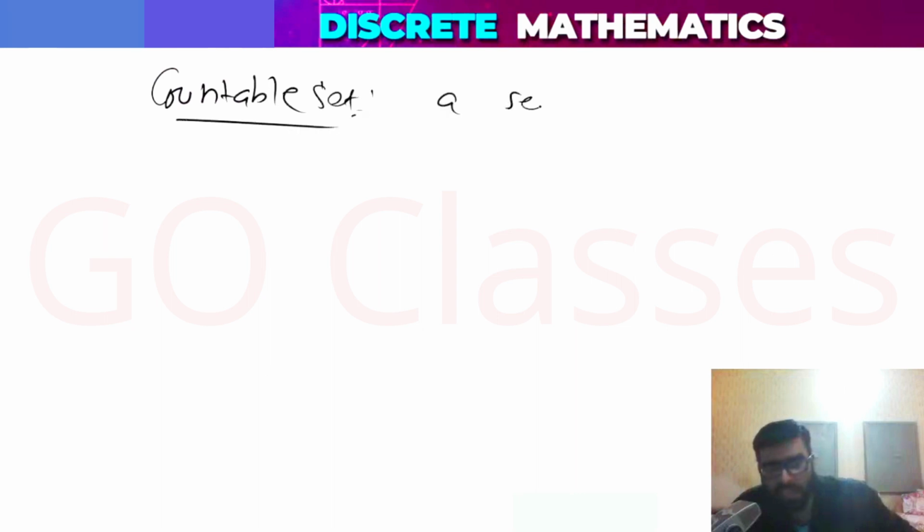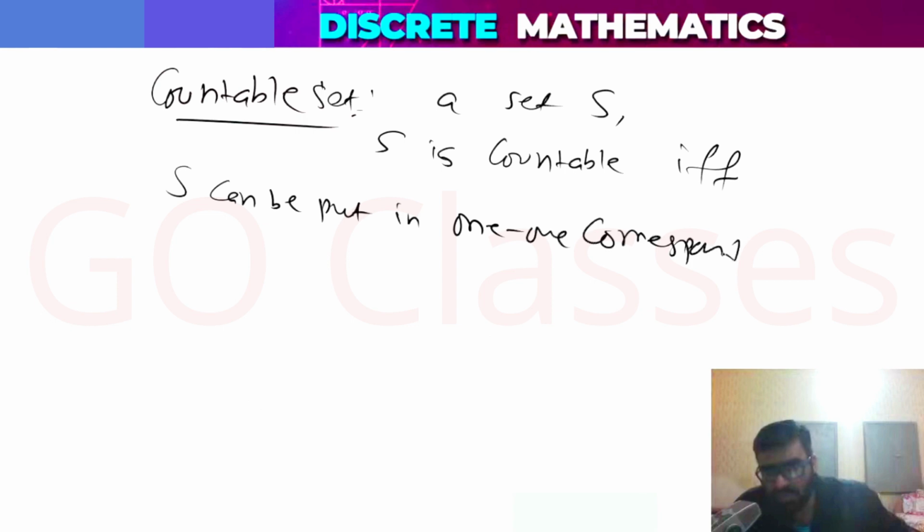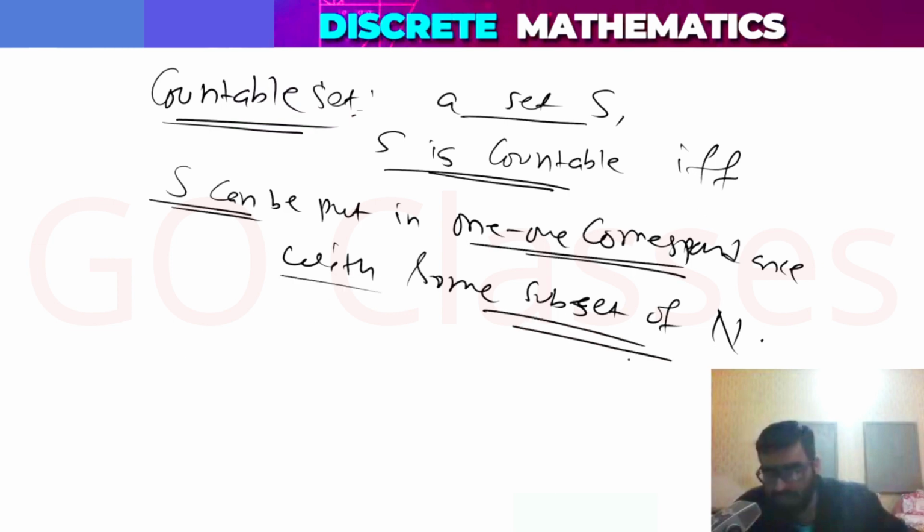If you have a set S, then this S is countable if and only if S can be put in one-to-one correspondence with some subset of N. So this is a very simple definition.